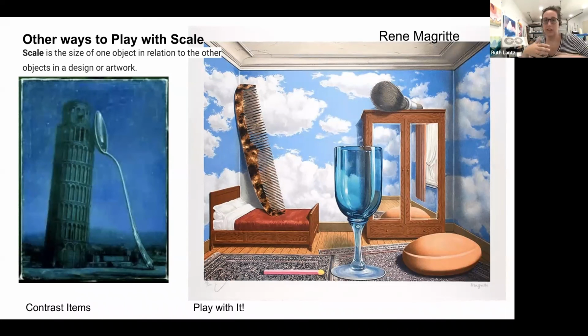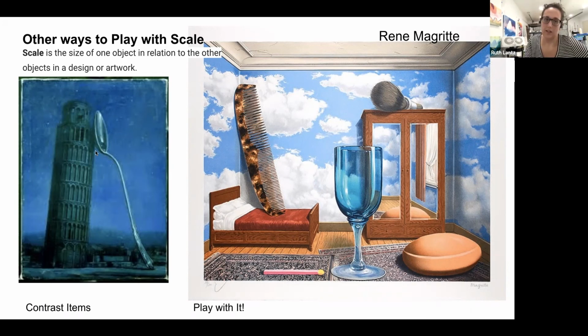These are surreal. A lot of times surrealism plays with scale a lot because it creates a certain sense of absurdity through the contrast of the items, and it will shift the narrative and create a sense of playfulness.